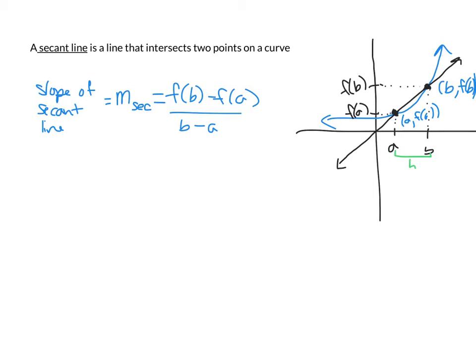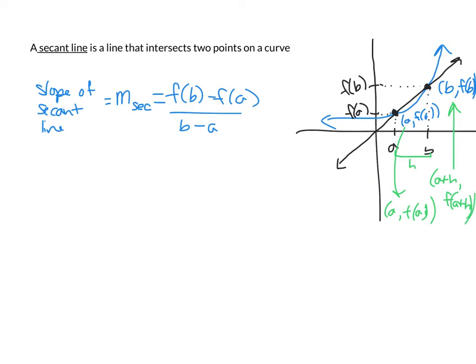So my first point right here is still going to be a, comma, f of a. The second point, however, is going to change: b is equal to a plus h, and then my y value is going to be f of a plus h.